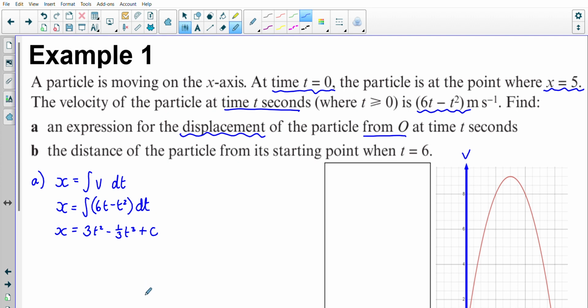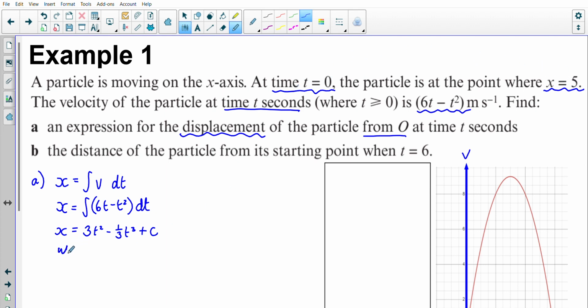It wants an expression for the displacement, so I will need to work out what the value of c is here. And they've given me some information in order to find that c value. If you think back to integration, usually you were given a point to find it, an x value, a y value. We're working in terms of x and t, so it's what I highlighted right at the top here. So at time t is 0, x is 5.